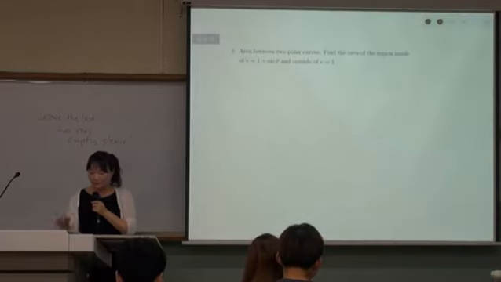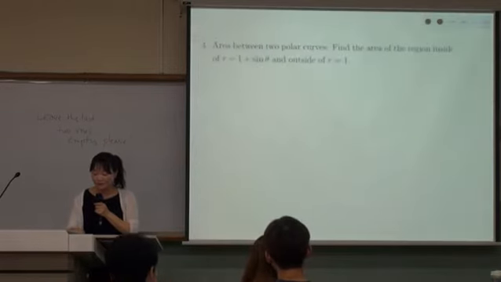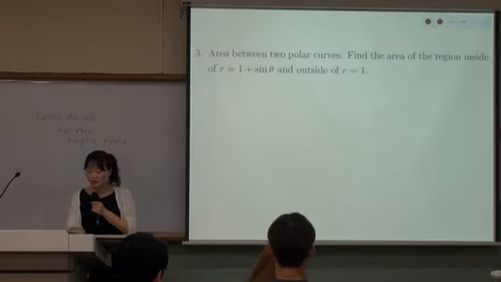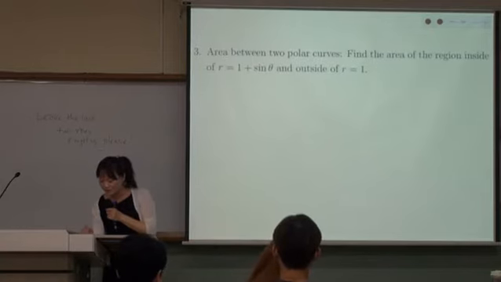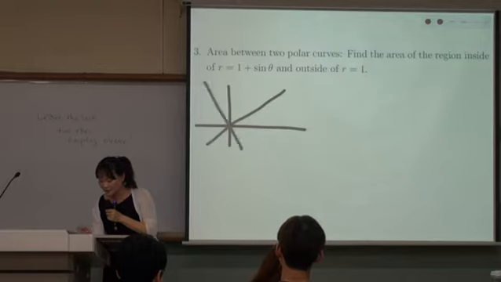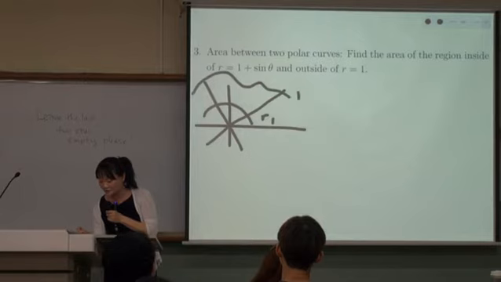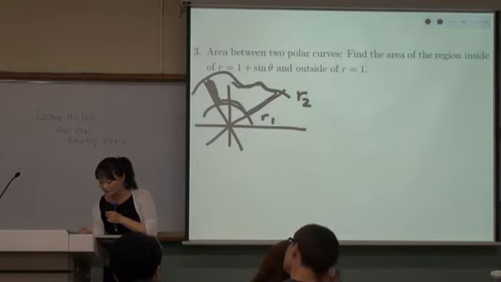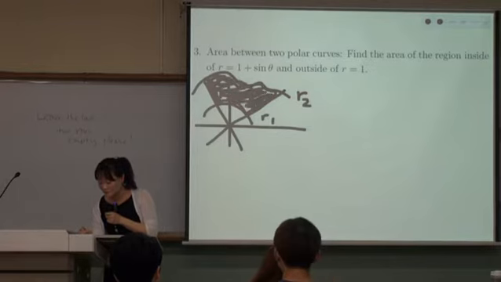Okay, now how would we find the area between two polar curves? What would you do? So we have x, y, theta A, theta B, but there are R1 and R2. And you want the area of this region right here. What would you do?